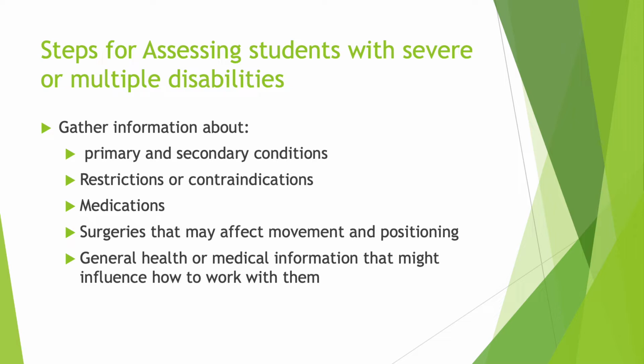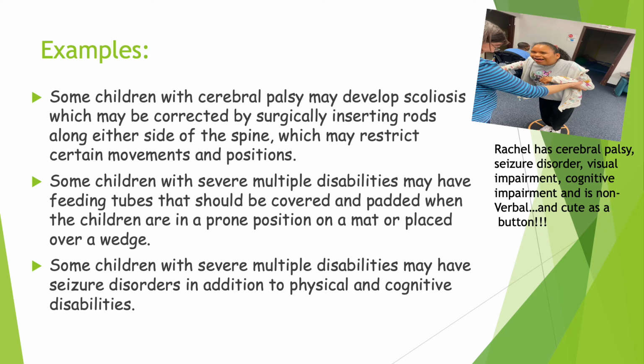And of course, just their general health or medical information that might influence how you're going to work with these students. Here are just a couple examples. For instance, you have a child with cerebral palsy who may develop scoliosis, and that scoliosis may be corrected surgically by inserting rods along either side of the spine, which of course is going to restrict certain movements and positions.